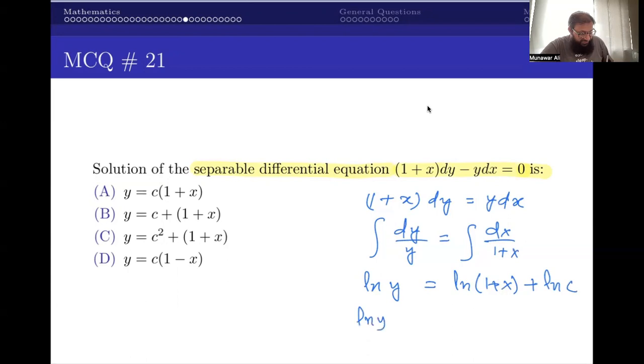Applying the properties of logarithm, I can write this as log of c times (1 plus x), and cancelling log on both sides, I have y is equal to c times (1 plus x). So you can see our correct option is A. It's a very simple question because it's a separable differential equation, and it's very easy to solve this type of differential equation.